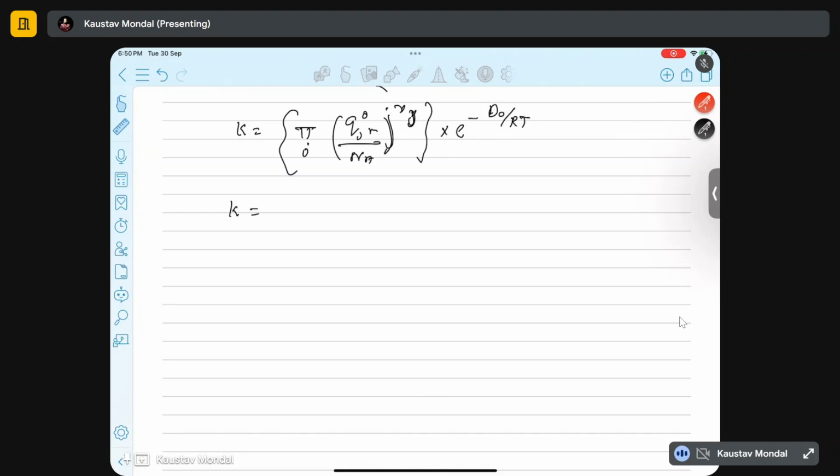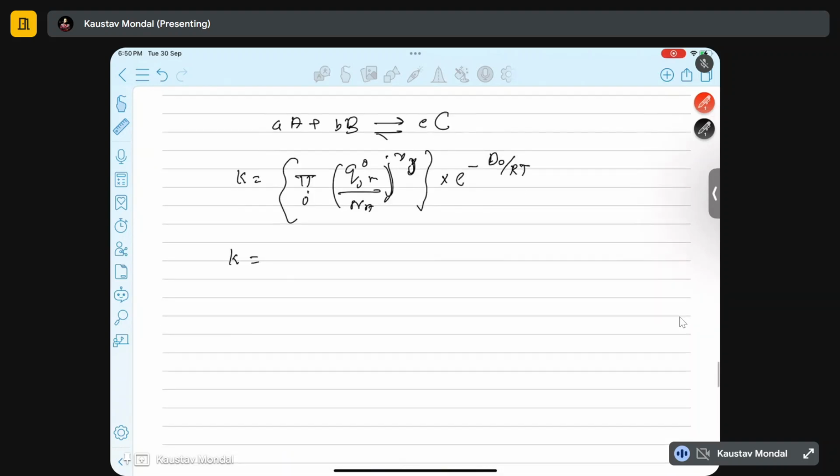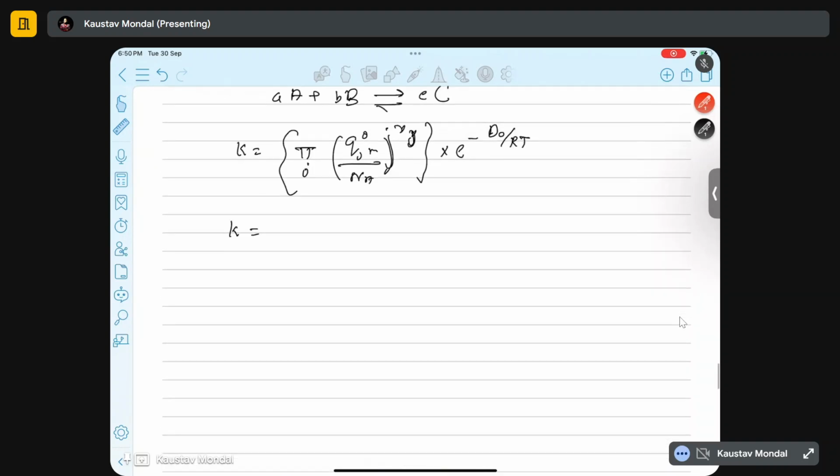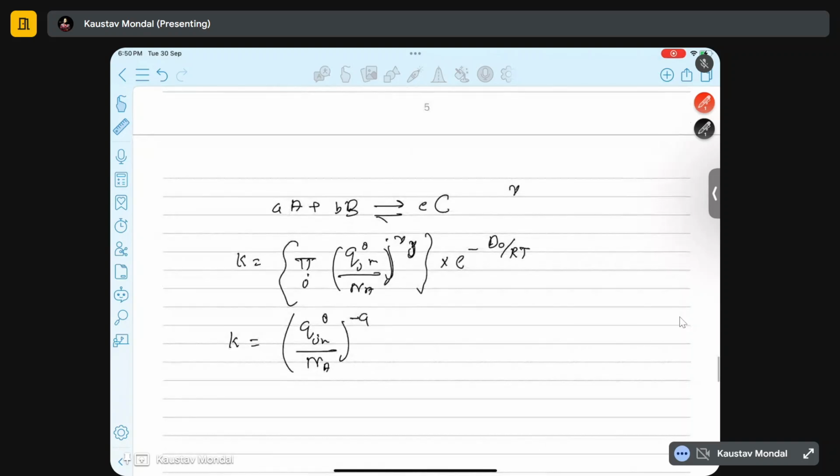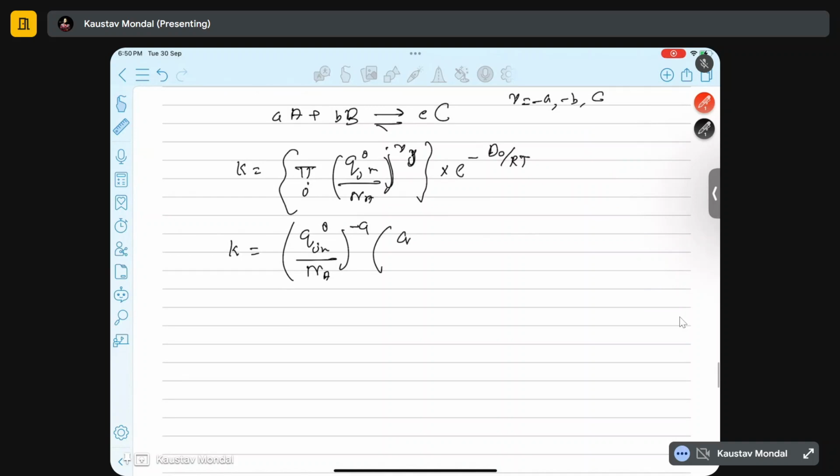So for this kind of reaction, summation over J of nu J, we know the stoichiometric coefficients, so we can write it like this: qJm0 by Na to the power minus a, because the stoichiometric coefficients are generally minus a, minus b and c. Small c, these are the stoichiometric coefficients. So you can write it into qJm0 by Na to the power minus b, and qJm0 by Na to the power c, into e to the power minus delta E0 by RT.